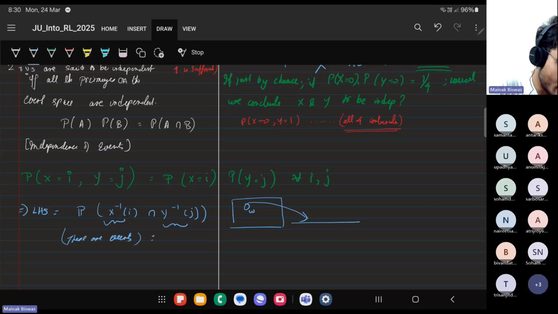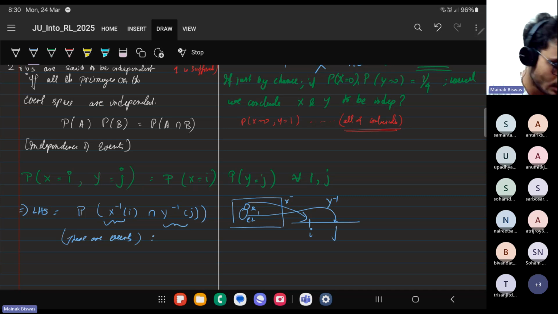This was some event E1 for which it mapped onto I, and this was some event E2 which mapped onto J. So when I take Y inverse, I will get E2, and X inverse, I will get E1.